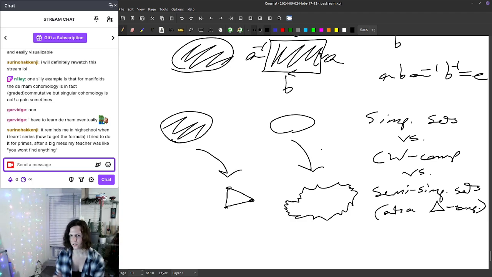Some of these tricks just won't work, even though it looks like a very similar thing.